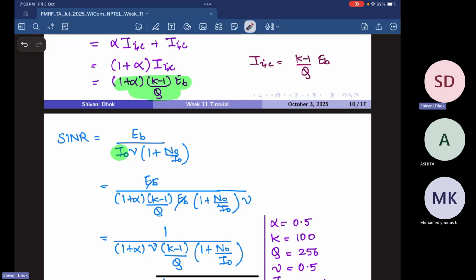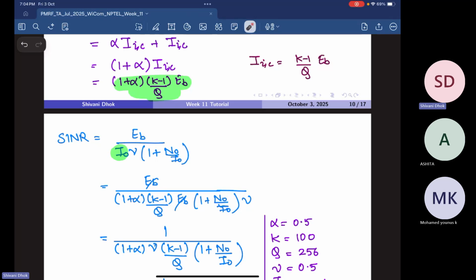I don't know how to explain this, but this SINR is a ratio, signal power upon noise power. Let's say simple SNR is a ratio, signal to noise ratio by definition. So in this case, your signal power and your noise power, everything will be in your linear scale, and when you take the ratio, it will give you a value in your linear scale.